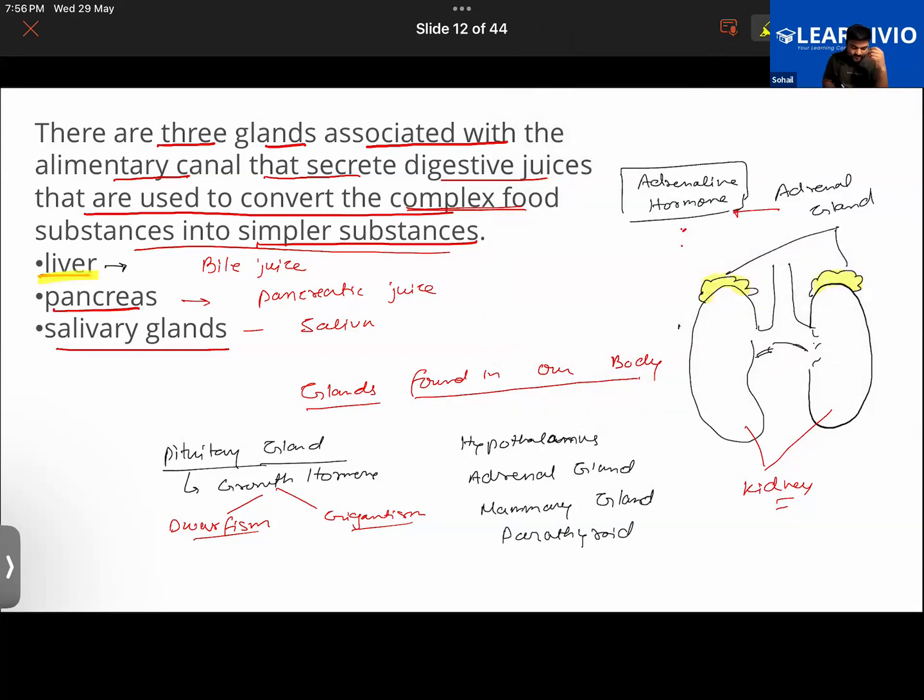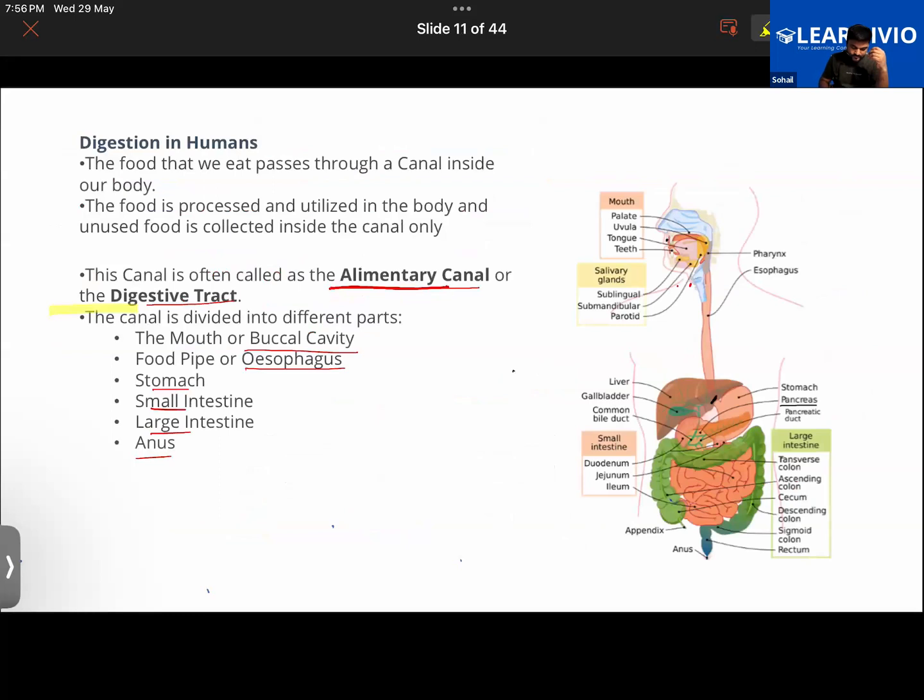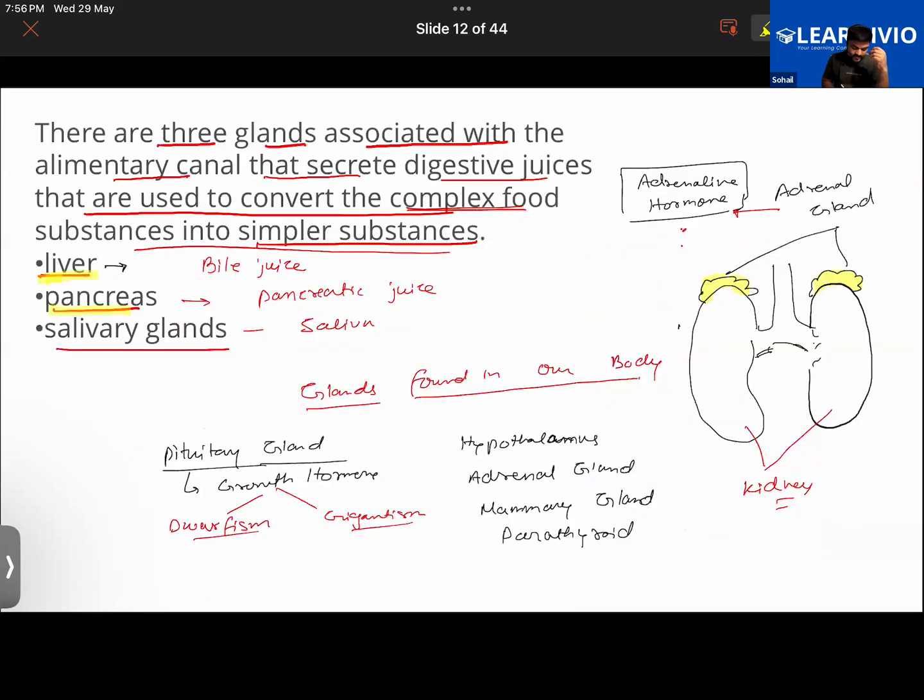Liver, pancreas, salivary gland, pituitary gland, hypothalamus, adrenal, mammary, parathyroid, all of them are different glands found in your body.